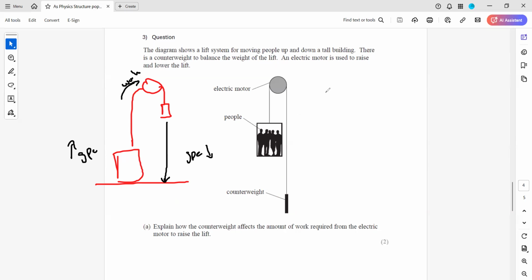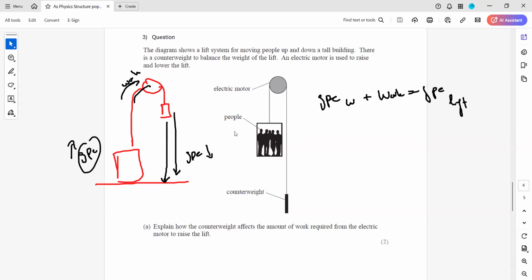So what will happen? The total energy of the lift will be the sum of the gravitational potential energy lost by the counterweight plus the work done by the motor, and that equals the gravitational potential energy gained by the lift. So the counterweight energy decreases, the motor is also providing energy, and all this energy is transferred to the lift.